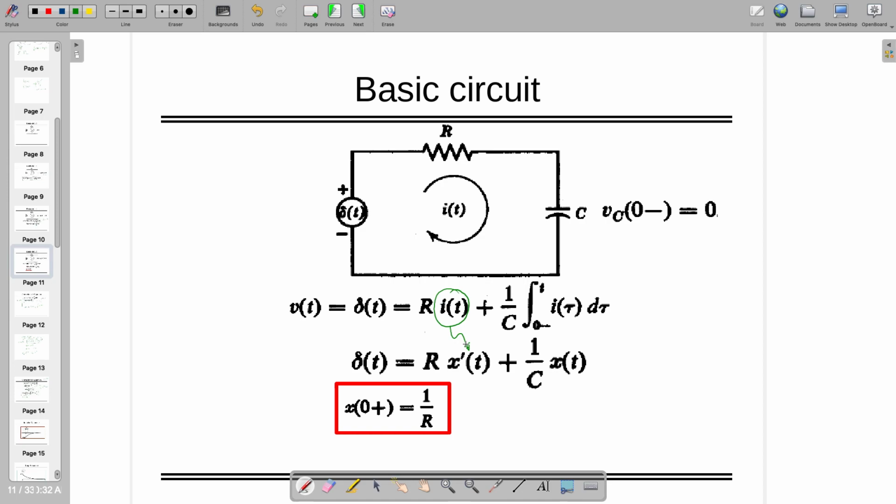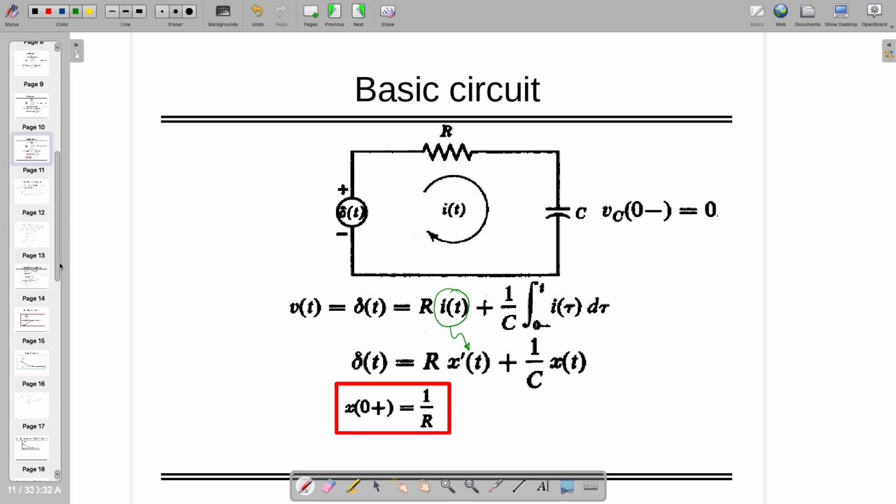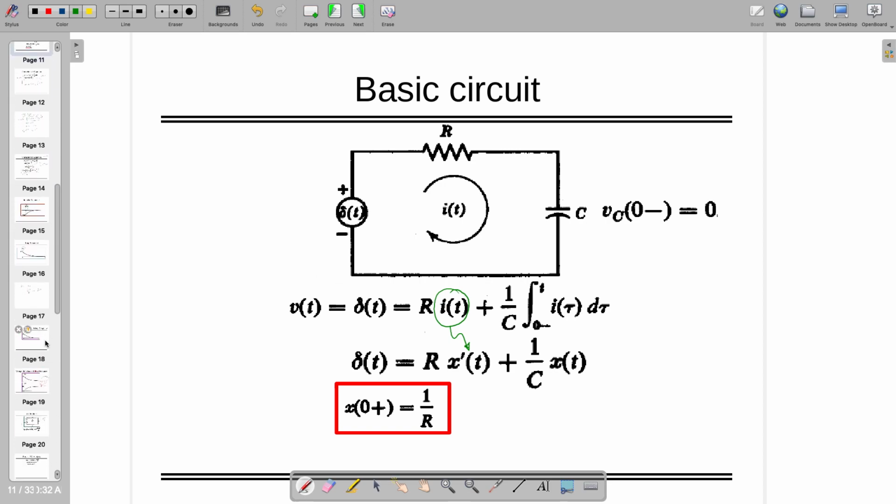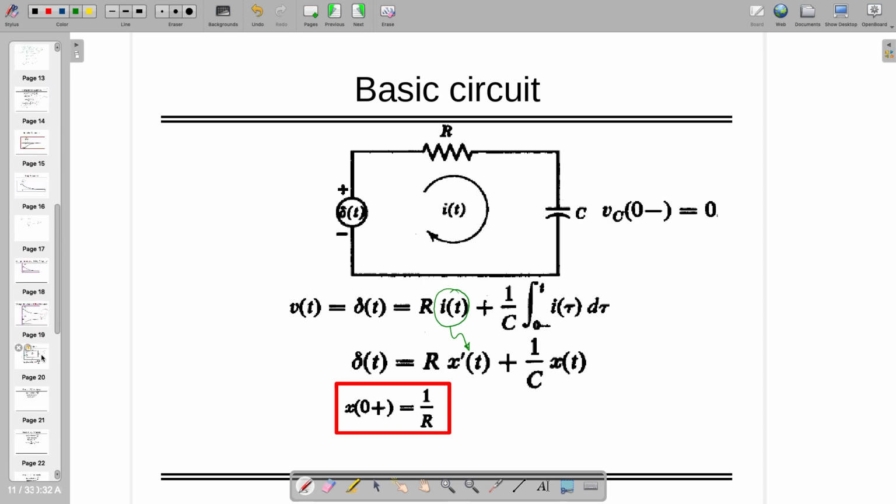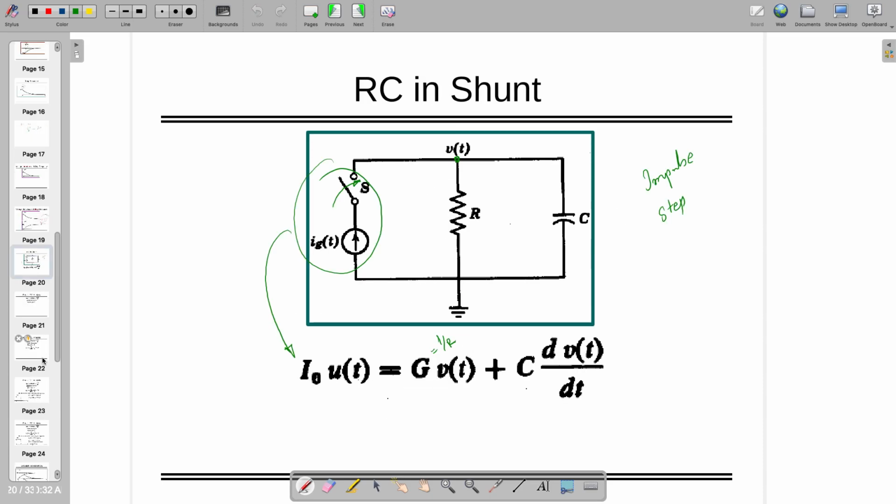But right now I am not assuming that because there is no integration sign in this equation. It's all derivative, so you can find the step response directly without any difficulty. We can write down the characteristic equation for any linear differential equation which has only one differential. Now can you tell me what is going to be the solution for V of t?